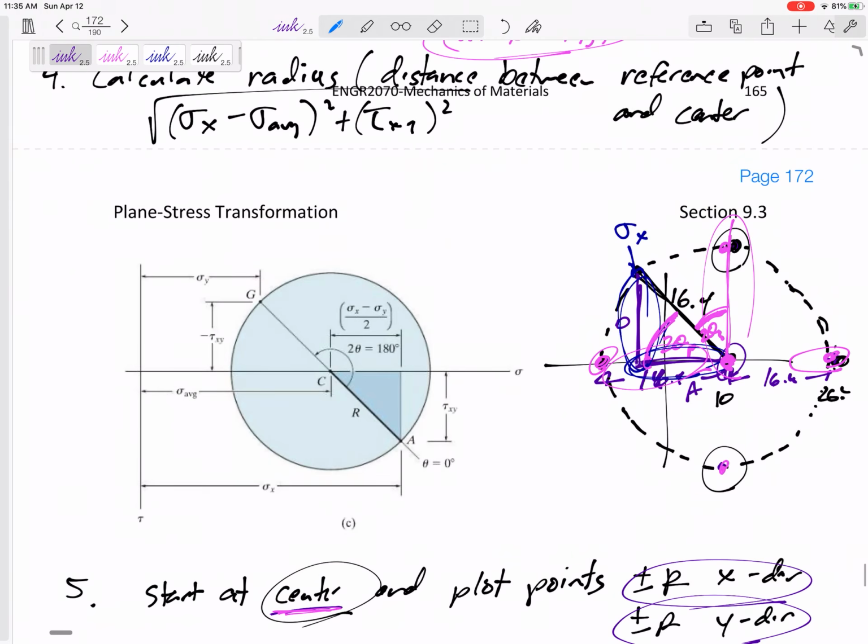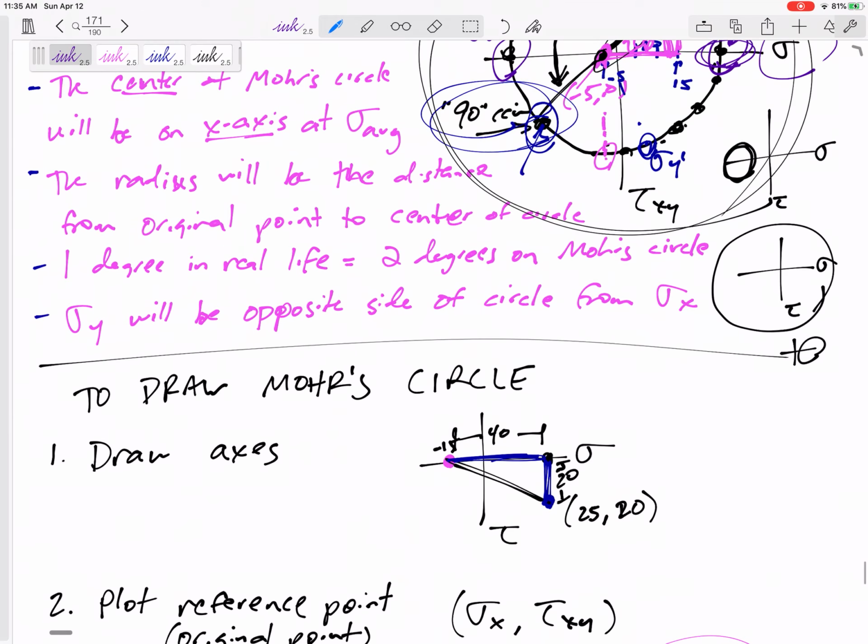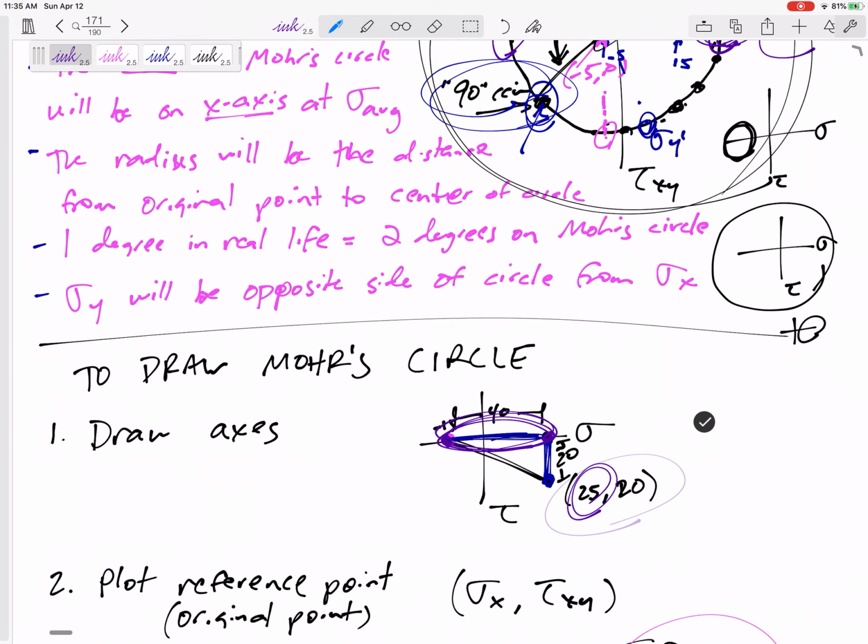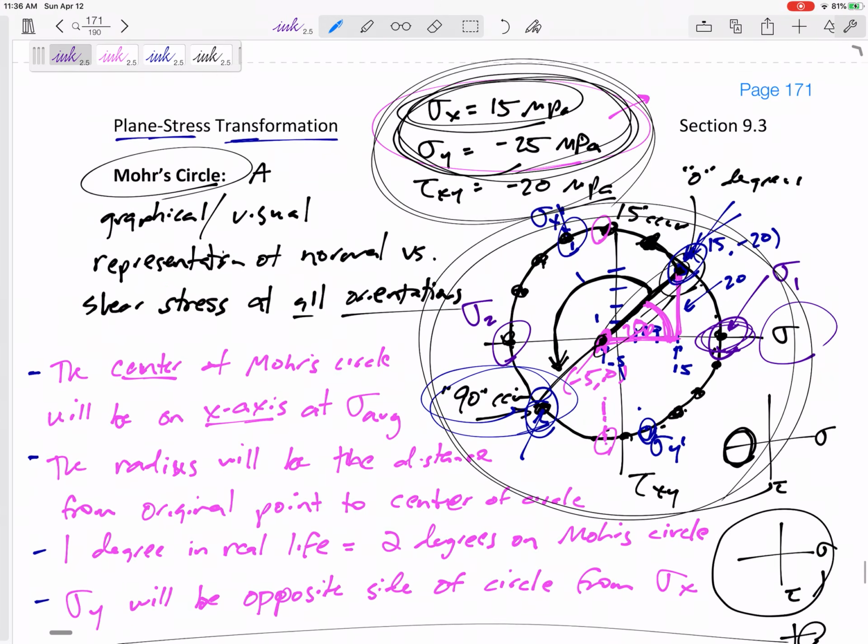For instance, if you've got the base of that triangle, you don't just take that 25 that was measured from the origin. You need to look at from the center to the point, which would be the base right there.